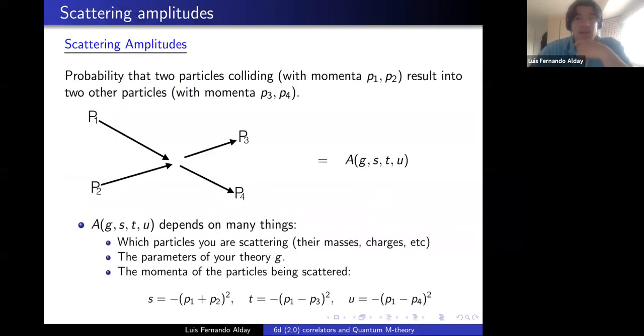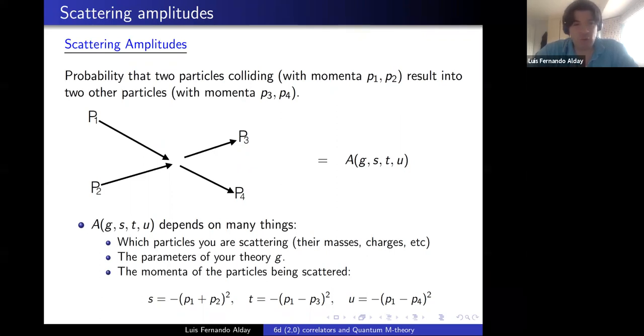A scattering amplitude, in this case a 4-point scattering amplitude, is basically the probability that if you have two particles colliding with momenta P1 and P2, they result in two other particles with momenta P3 and P4. This scattering amplitude, here denoted with A, can depend on many things.